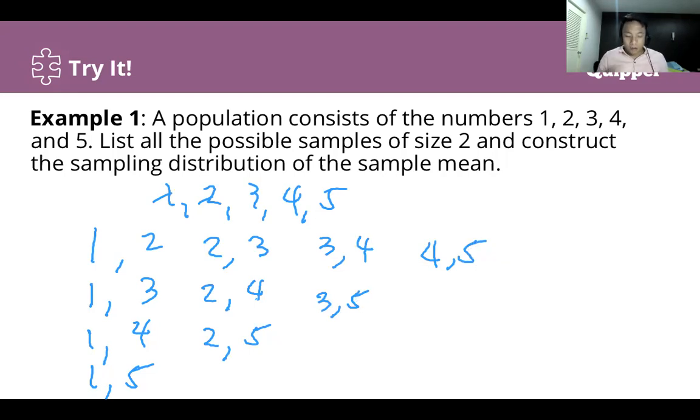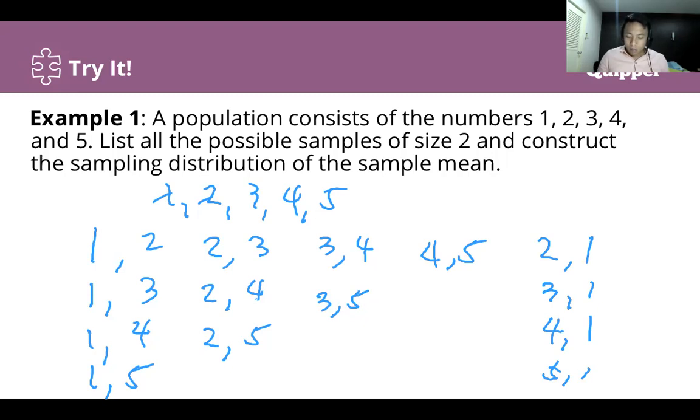Okay? How about, pwede ko bang ulitin yung numbers but in a different way, something like that? So pwede ko pang gawin is 2, 1, 3, 1, 4, 1, 5, 1. The answer is no. Okay, you already have a pair. 1 and 2 and 2 and 1 are the same.